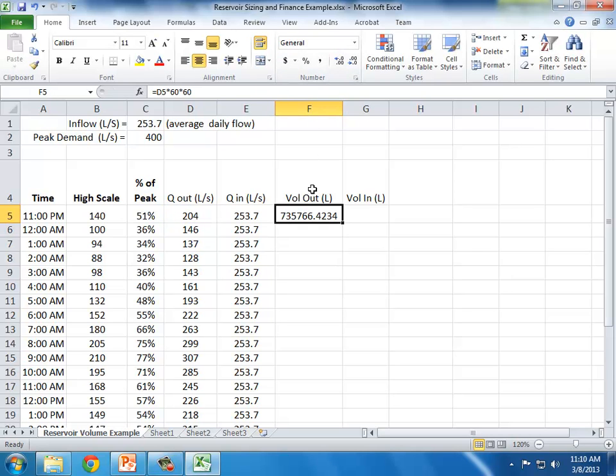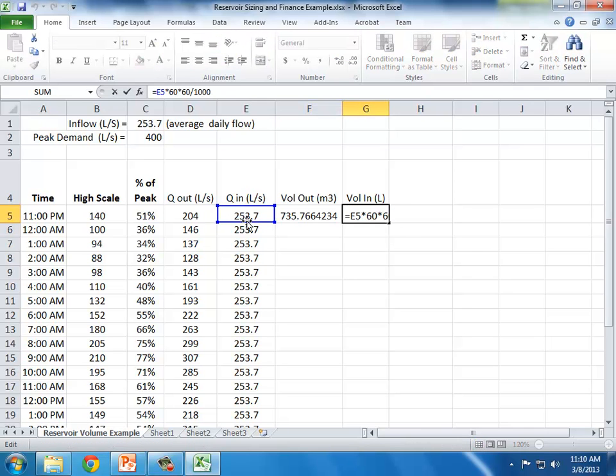That's a big unwieldy number, so maybe I should change it to cubic meters. It's the same thing, but now divided by 1,000. So this is how many cubic meters accumulate in the hour. So the volume in is going to be the same thing. If I just drag over, now it is looking at the flow rate in.